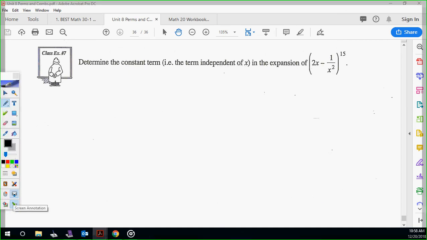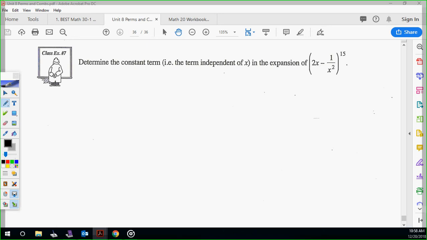Determine the constant term. So we're determining the constant term in the expansion. To determine the constant term means somewhere something's going to cancel. This is actually a tough one. It's good.